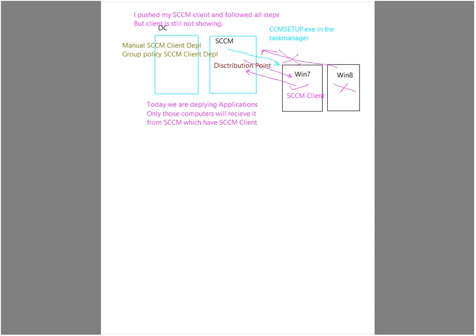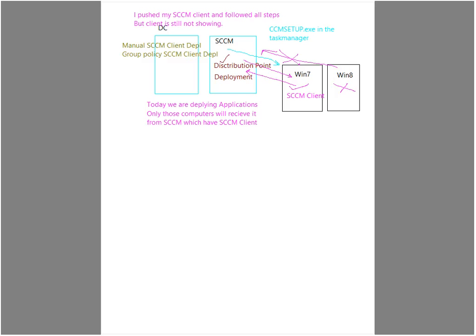Once I write it, it doesn't remove. Anyway, and then there's deployment. So when we say that we need to deploy a software, first we have to put that software on a distribution point, right? So here we have to place that application.